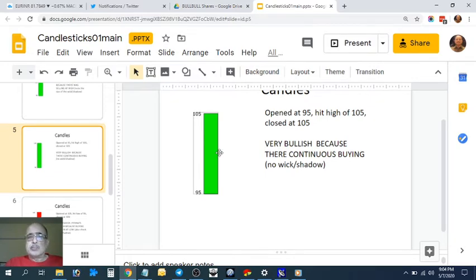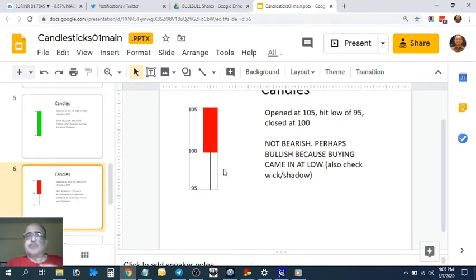So in this particular candle, it opened at 95, closed at 105, non-stop, continuous buying. It's possible that it would have gone from 95 to 100 and again retraced back to 95, then again it went to 105. But this is a very bullish candle. Continuous buying, right?